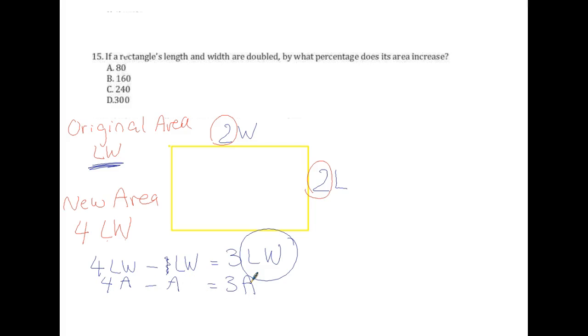Okay? So that's the difference. Now, if you can see, the old area was a 1, and the new area was a 4, so the difference between them is 3. So the new area is 3 times bigger, 300% of the old area, because 3 times bigger. So it's D.